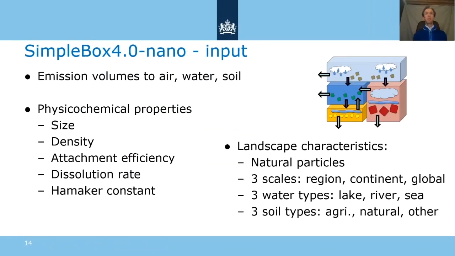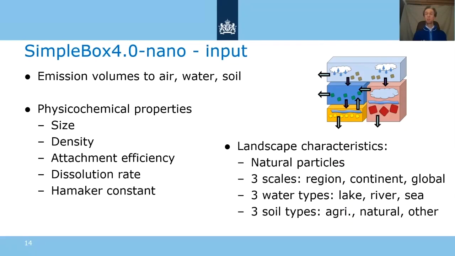Now, the inputs required to run the model require an emission rate, so to the different environmental compartments, such as air, water, and soil, for a nanomaterial. We also require physical chemical properties of the nanomaterial. These are the size or the diameter or radius of the particle, the density, the attachment efficiency, the dissolution rate, and the Hamaker constant.